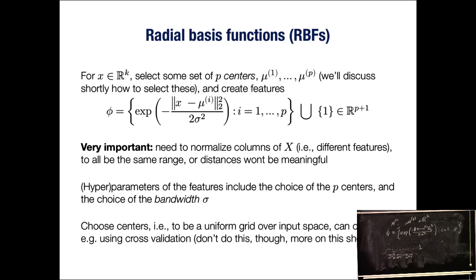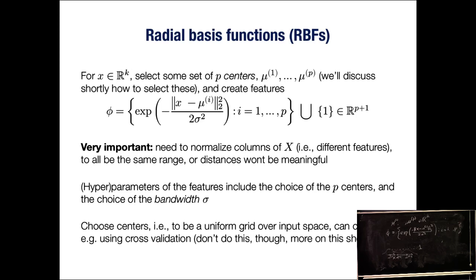Right? And what this captures is that these functions form a locally smooth basis, because the feature vectors here and very close by are going to be very similar. Similarly, for all the means that are very far away from this point, those features are going to be essentially 0, so they don't play much role in what the feature vector is.